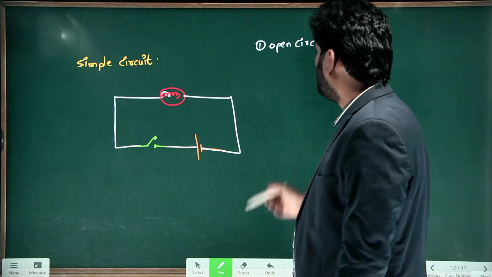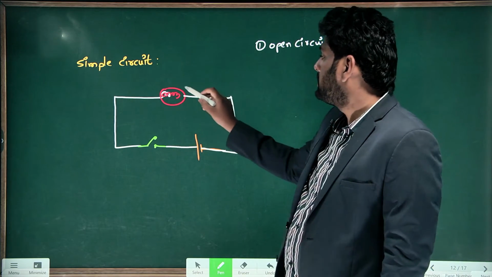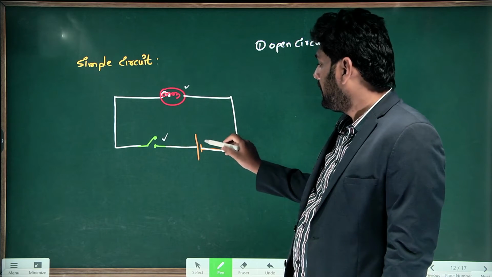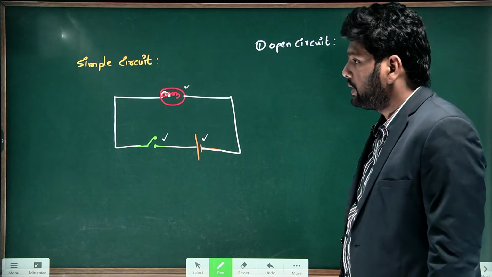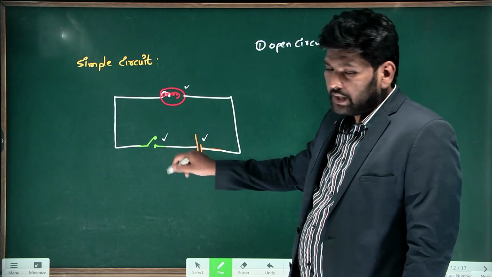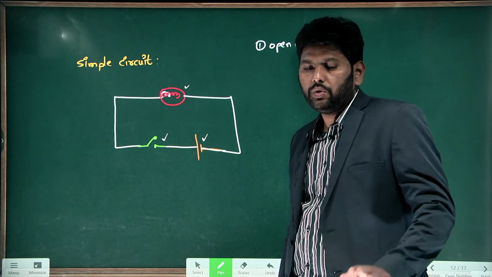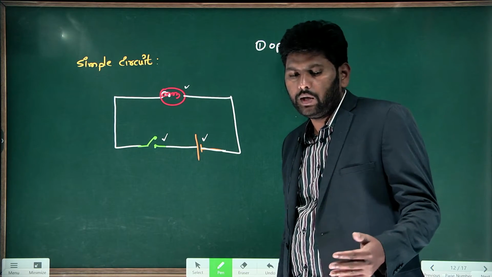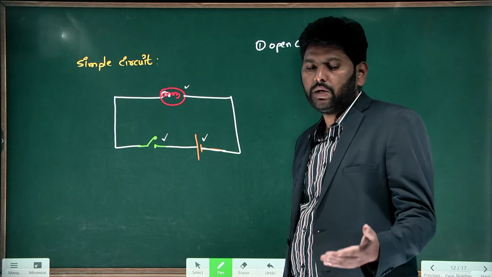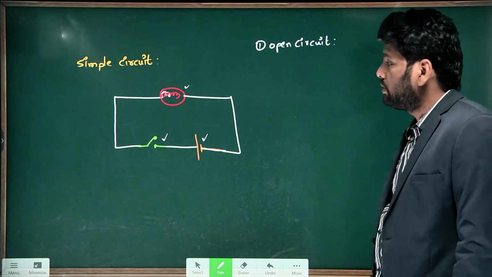In the simple circuit, this is the bulb, this is the key, and this is the power supply. If the circuit is not closed, you cannot observe any current flow in the circuit. That situation is known as open circuit.